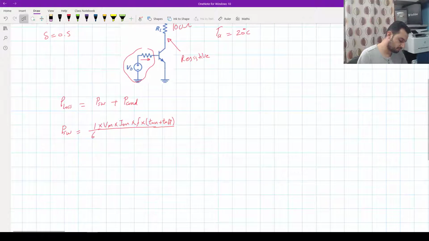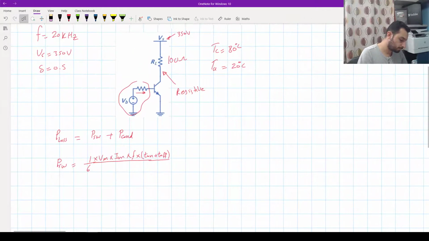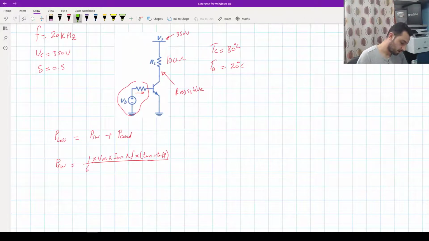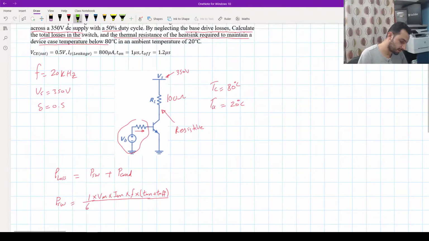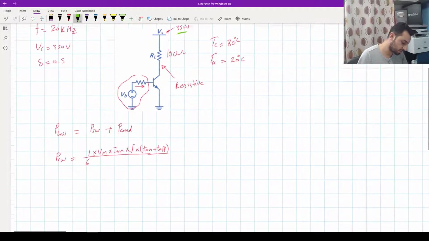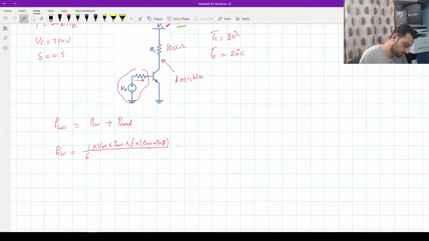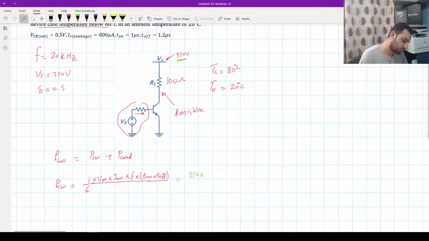Vmax is the off-time voltage, which is 350, times Imax, which is the current going through that transistor if it's fully conducting. In this case, we will assume that the voltage drop across that transistor is very small.